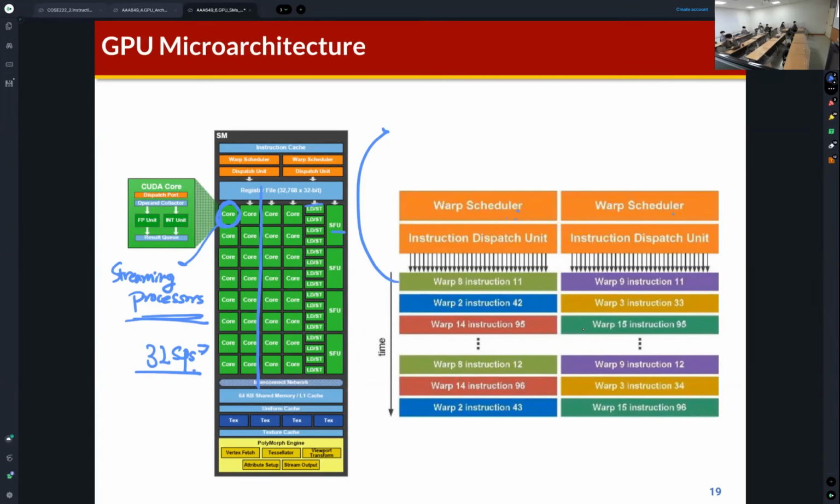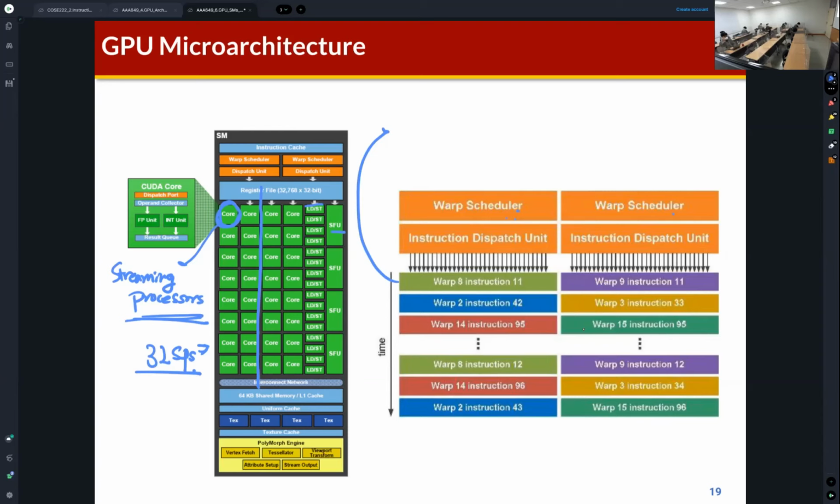The Fermi architecture supports up to 48 warps per SM, which means that a single SM can execute 48 warps concurrently. These 48 warps can be launched on the SM at the same time. So then how can the SM schedule these multiple warps?